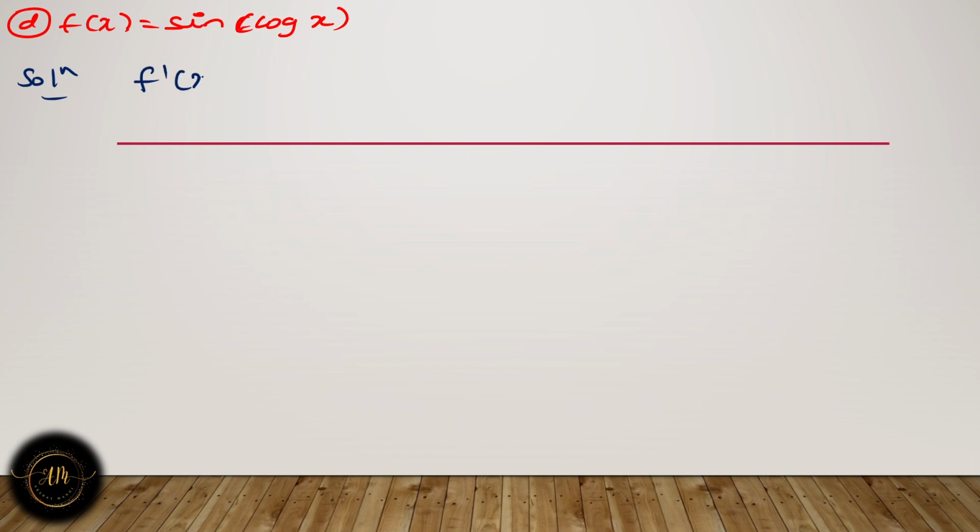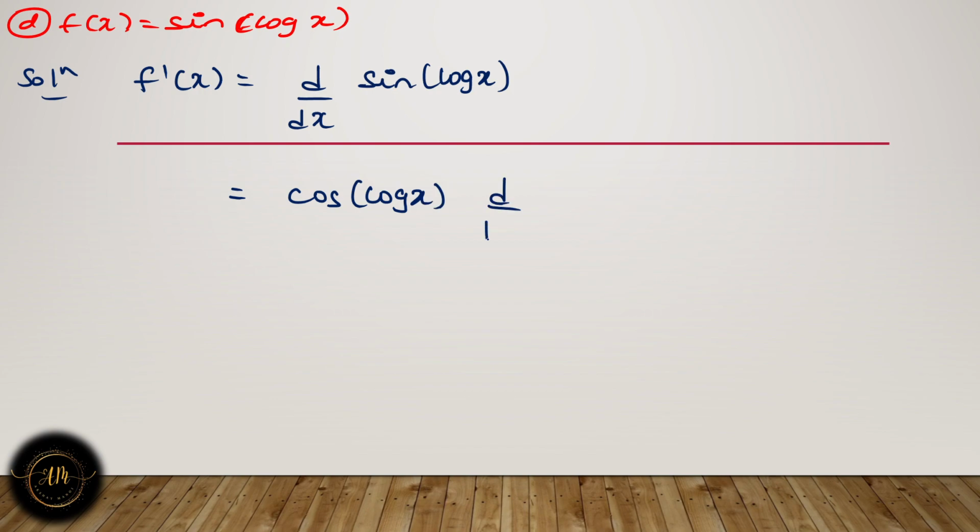F dash x is equal to d by dx of sine log x. Derivative of sine is cos log x into d by dx of log x. What is the derivative of log x? 1 by x, right? Yes.